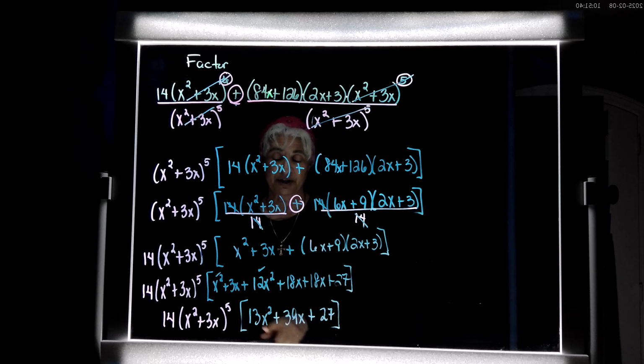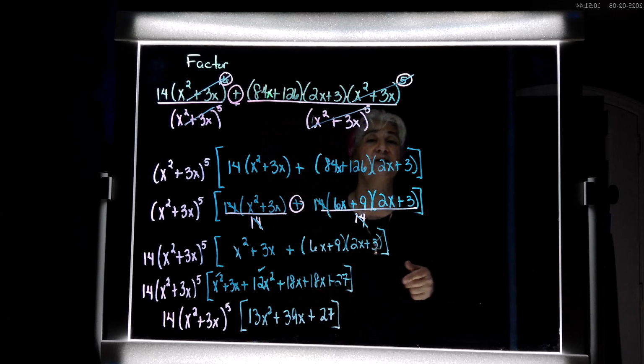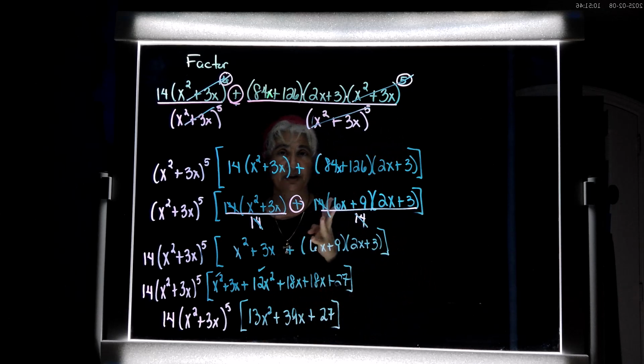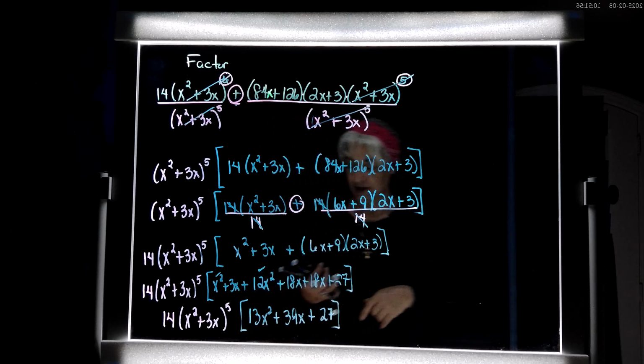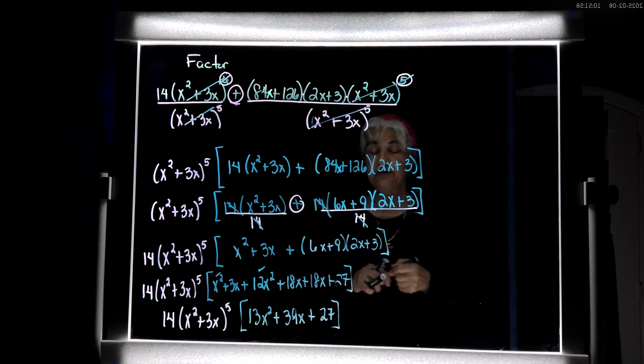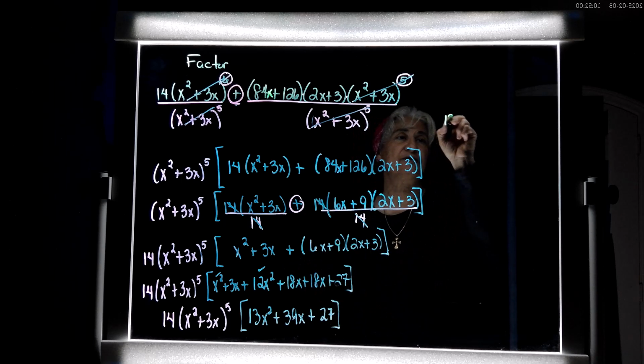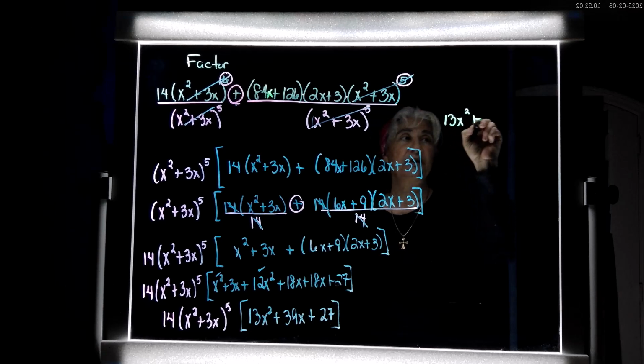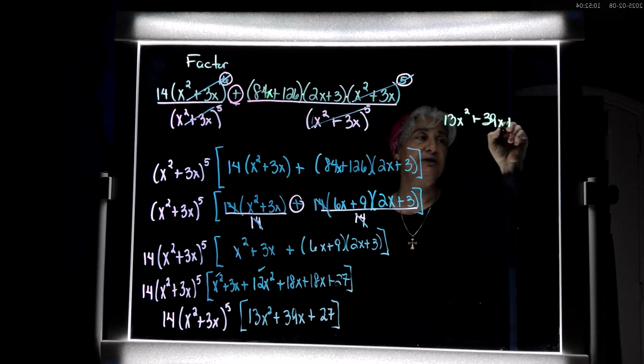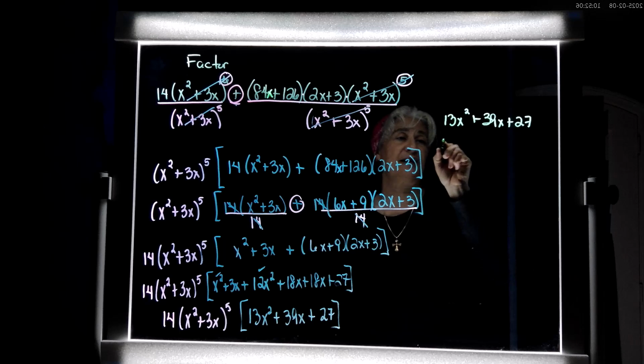And now the question becomes, if I take 13 times the 27, remember, to make it from 3 to 4 terms, you would try to multiply these and then find 2 terms in the middle to replace the 39. Okay, but I'm going to do some side work over here just to see if this 13x squared plus 39x plus 27 is actually going to factor.